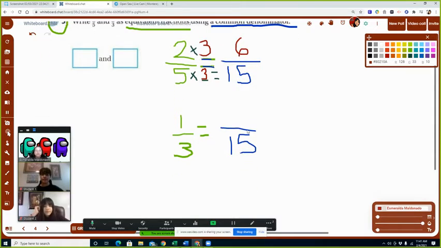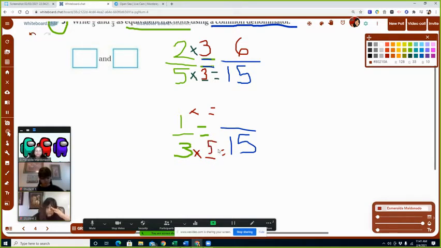And now I'm going to do the same process at the bottom. I need to find the number that I multiply both numerator and denominator by. I look at my 3 times what number equals 15, and I will multiply it on the top as well. So 3 times what number equals 15? Go ahead. 5.